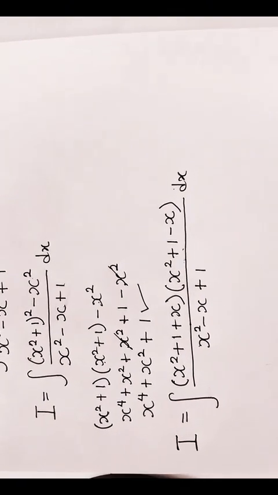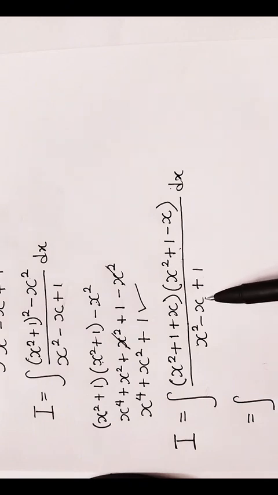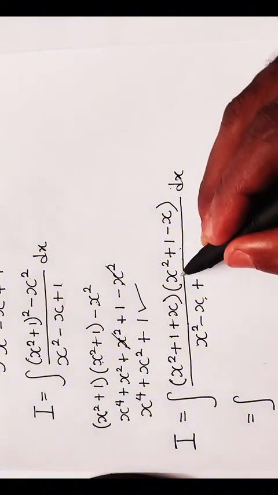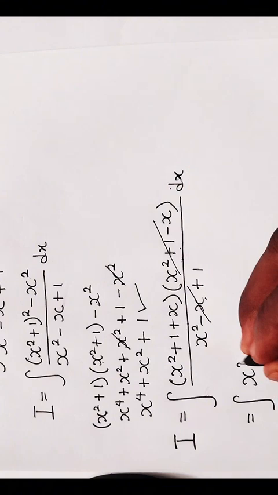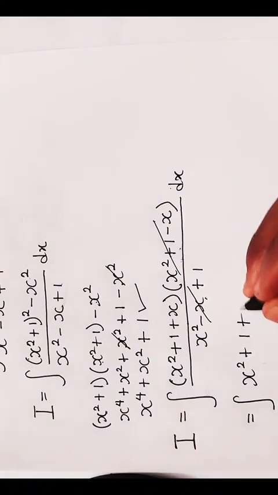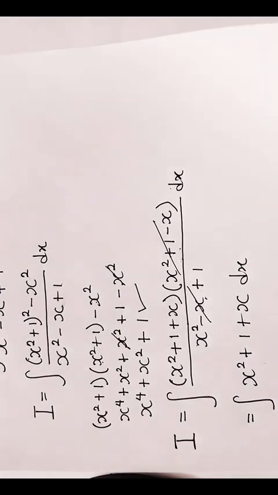So it then means that this is equal to the integral. Now, if we watch out, this and this are the same thing, so this can cancel this, and we'll be left with x^2 + 1 + x dx.